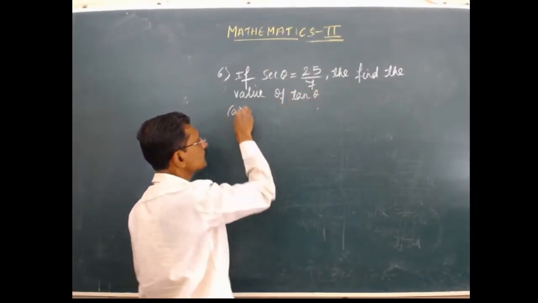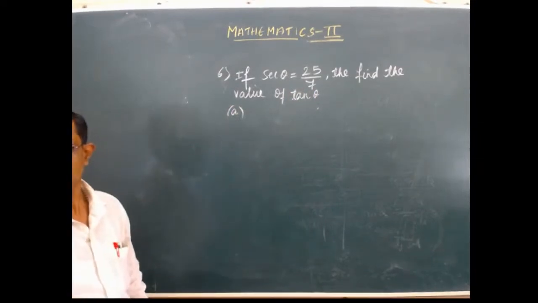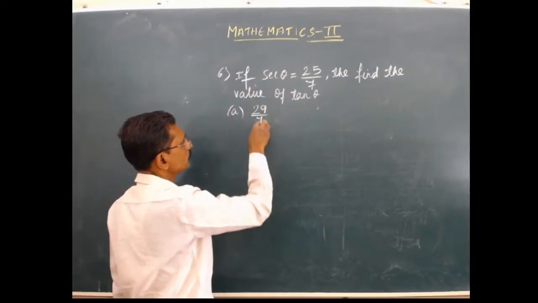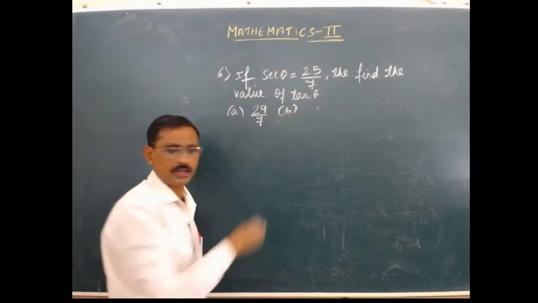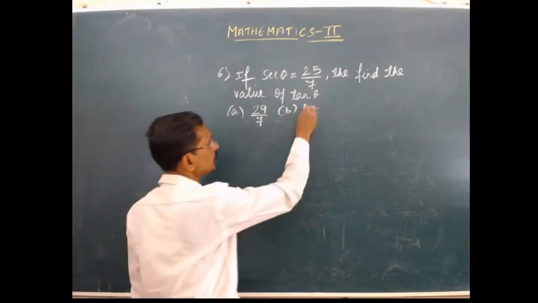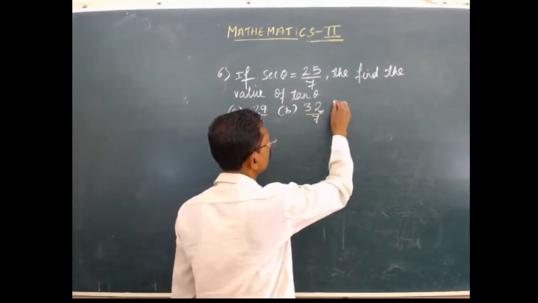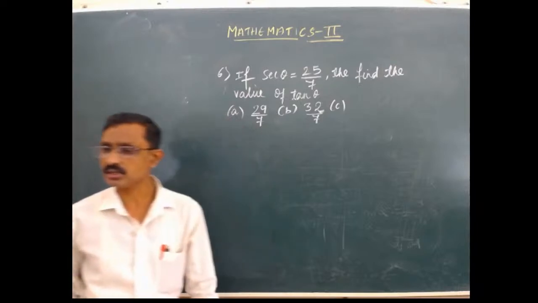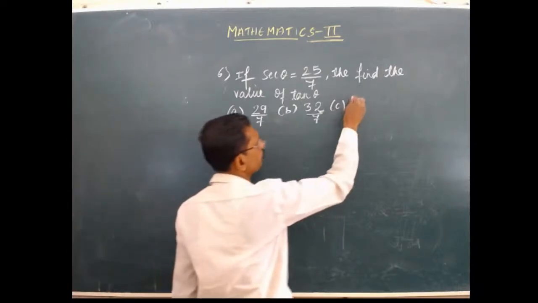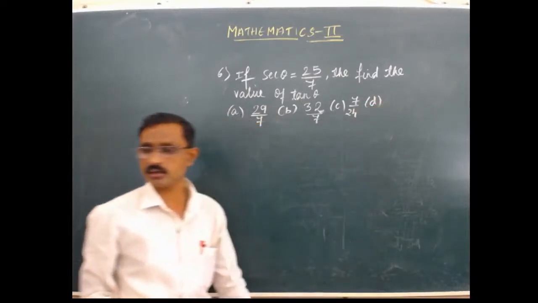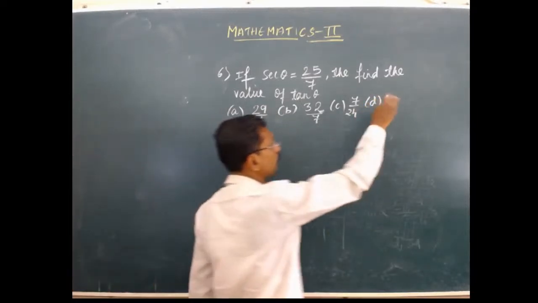Our options are A, 29 upon 7. B is 32 upon 7. Option C is 7 upon 24. And option D is 24 upon 7.